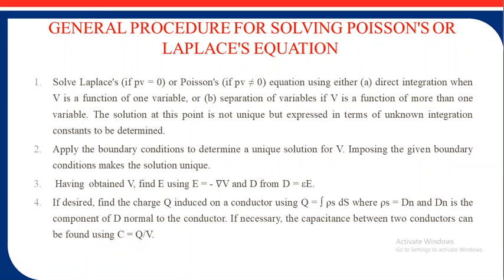Third step, having obtained V, find E using E equals minus del V, and D from D equals epsilon E. If desired, find the charge Q induced on a conductor using Q equals integral of rho s dS, where rho s is equal to Dn, and Dn is the component of D normal to the conductor. If necessary, the capacitance between the two conductors can be found by using C equals Q upon V.